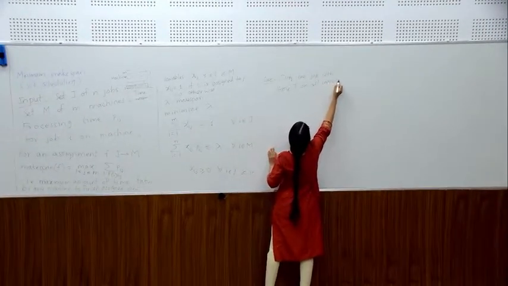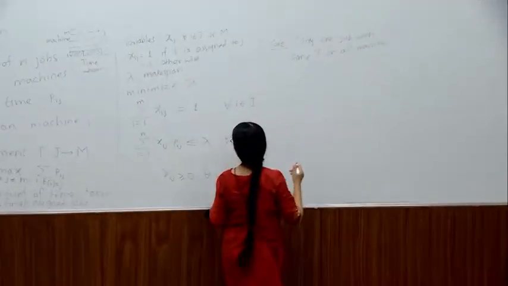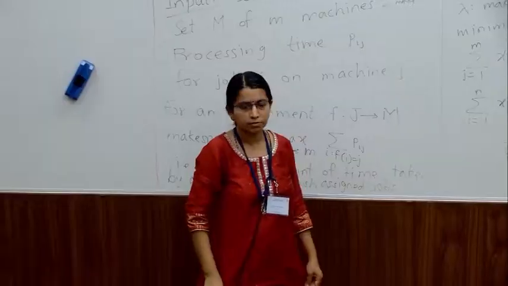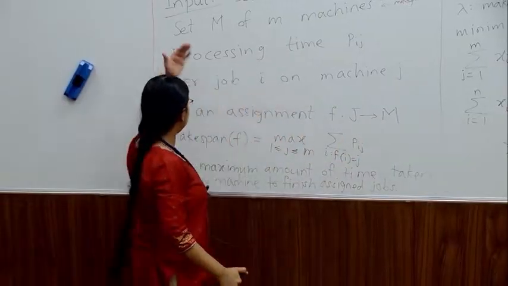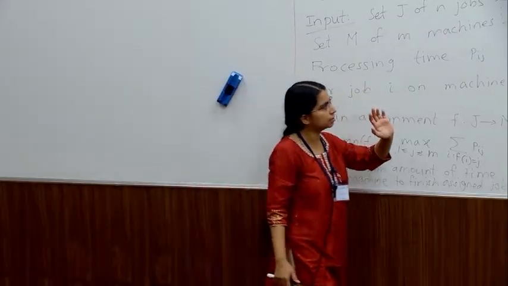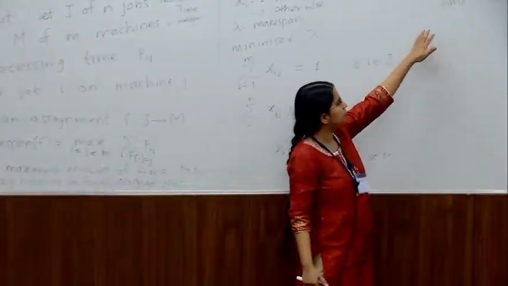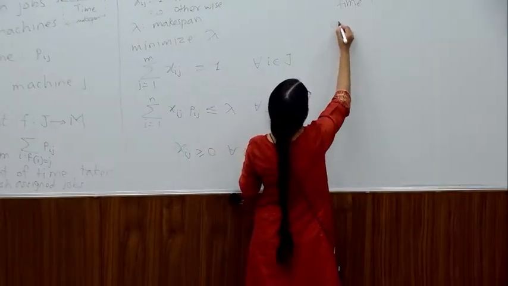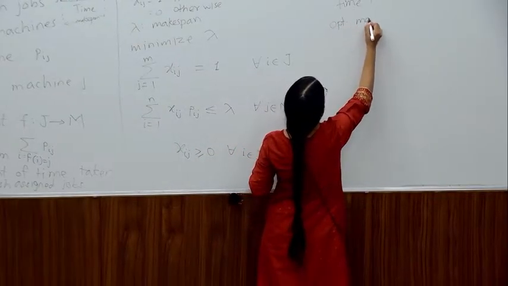What is the optimal makespan here? If we just stick to our original restrictions that a job can get only one machine, then we can assign this job to only one machine, and the makespan will be t. So optimal makespan is t.